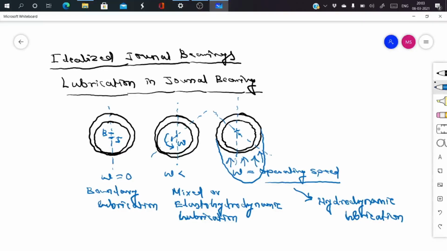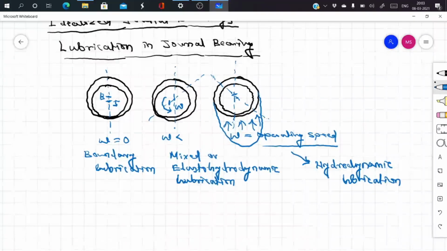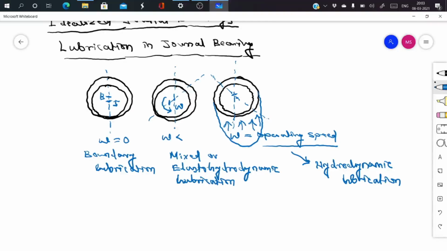So it will go through three phases. However, at the operating speed, it will always run in the hydrodynamic lubrication regime.